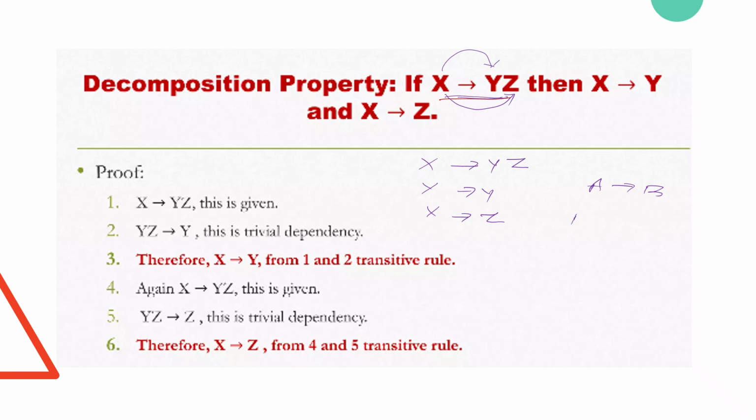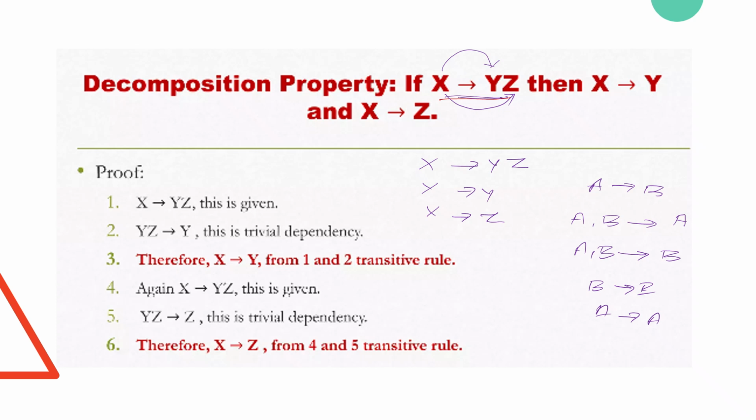For example, A, B determines A, which is its own subset, or A, B determines B. Or B determines B, A determines A. So it is its own subset. That is called your reflexivity property.